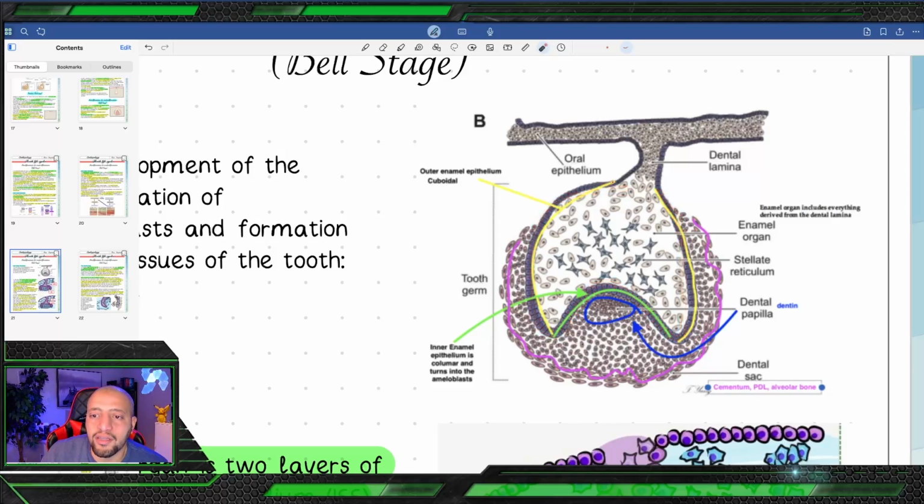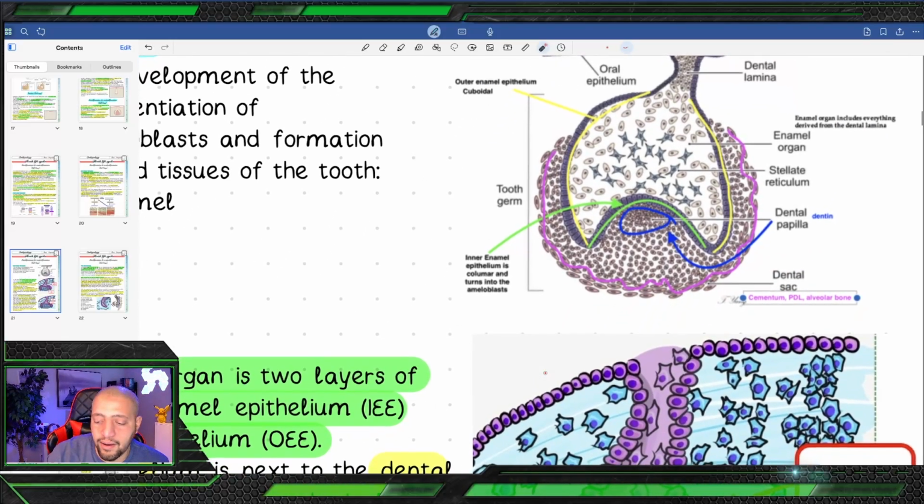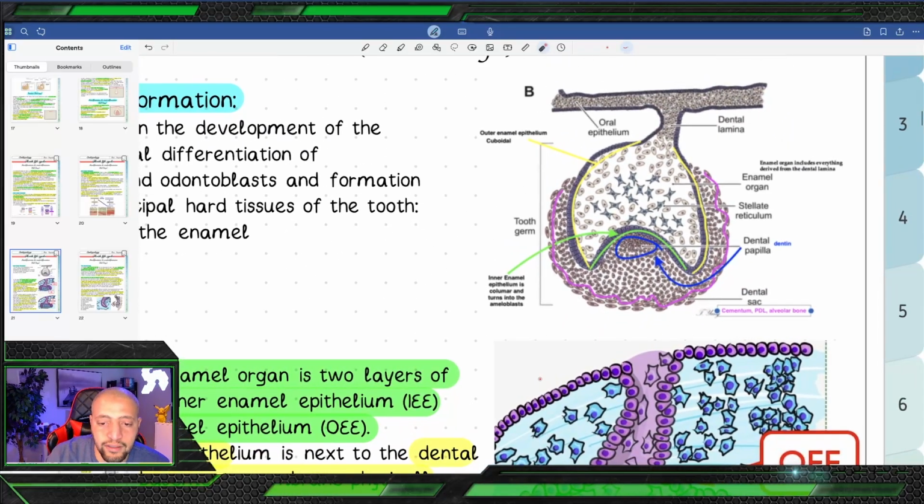This enamel organ has this inner enamel epithelium, as you see the long one, and the dental sac here. The dental papilla is immediately beneath the inner enamel epithelium, which is inside the enamel organ, and just beneath it we have what we call the dental sac, and this comes later and will be very important when we go to the root development.